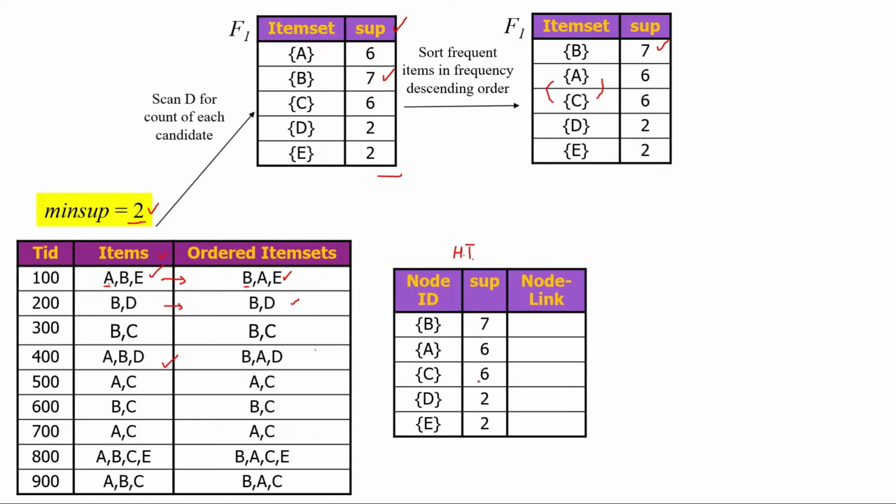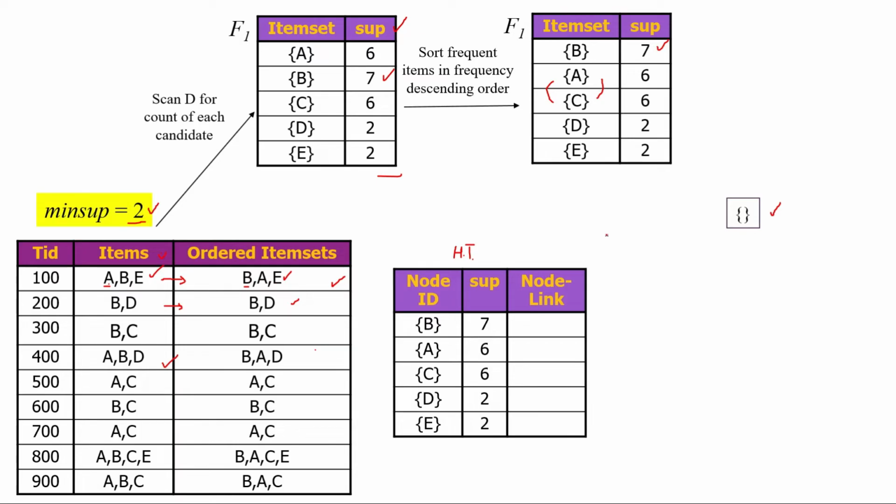From this header table, we can generate the frequent pattern tree like this. At first, we have a root node, which is a null node or empty set. First we look at the first transaction, in which we have B, A, and E as item sets.